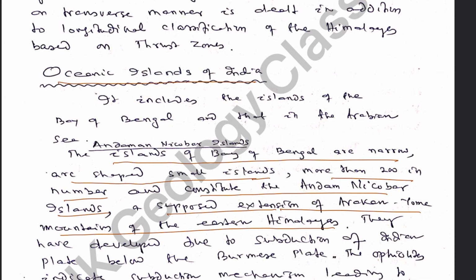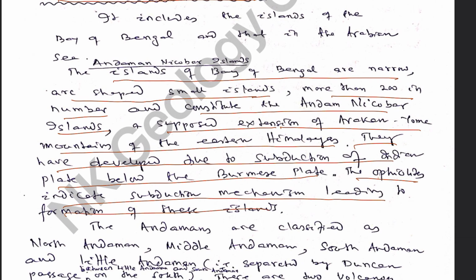So Arakan Yoma form the eastern part of the Himalayan chain of mountains which cover the Manipur, Mizoram states, including Arunachal Pradesh. So they have developed due to subduction of Indian plate below the Burmese plate. The ophiolites indicate subduction mechanism leading to formation of these islands.